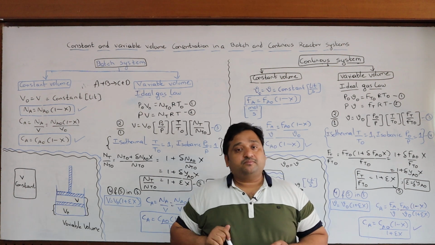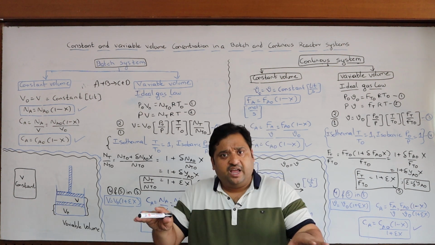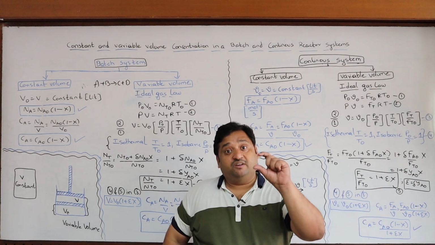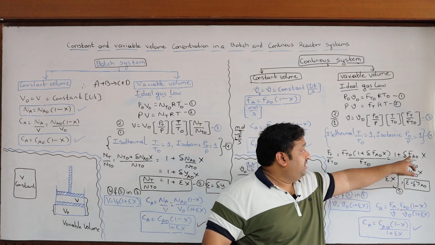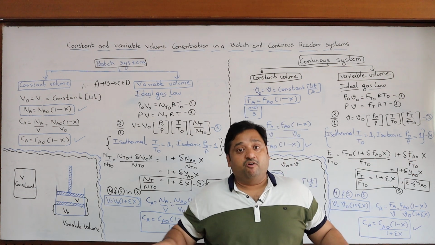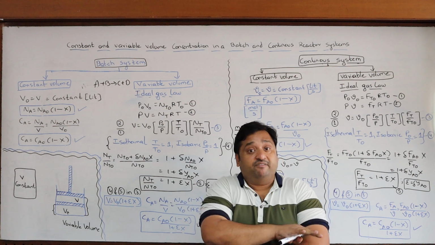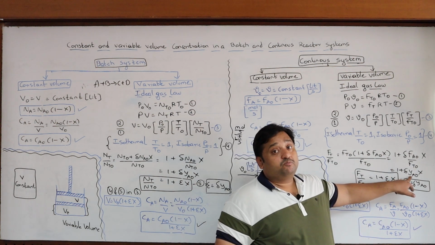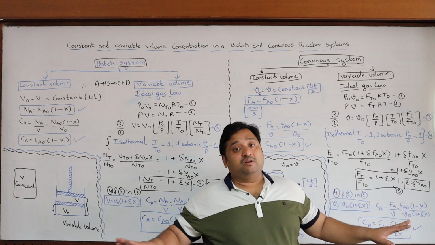Let us say in the reaction A, B, C, D are there. In this, what is the fraction of A? That is nothing but the molar flow rate of A divided by the total flow rate. Then you get the fraction YA0, that is the mole fraction of A in the total mixture.